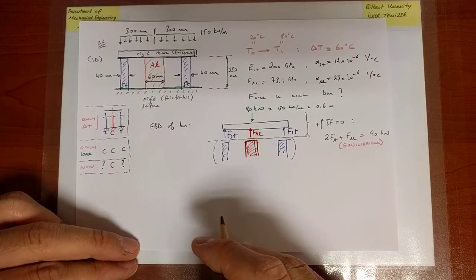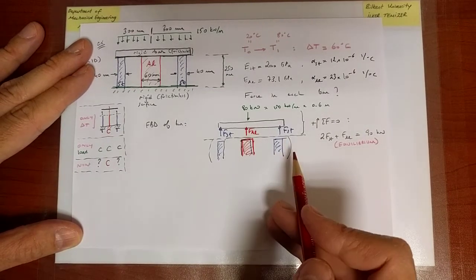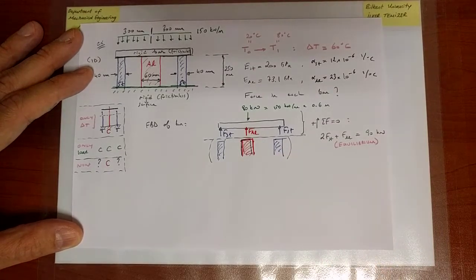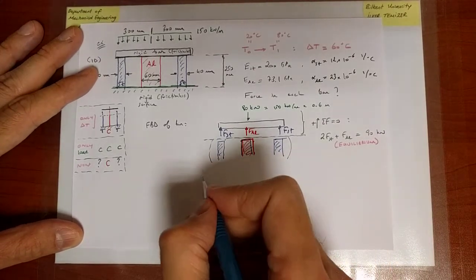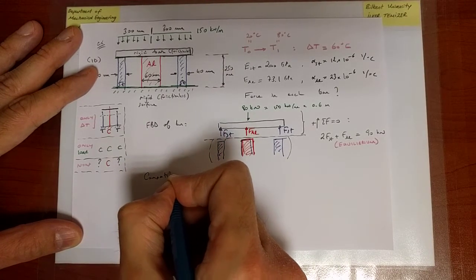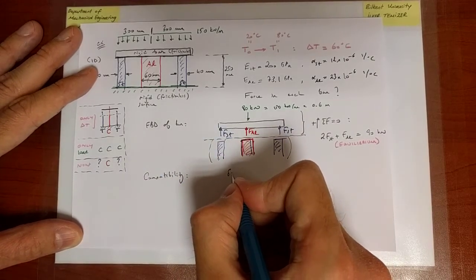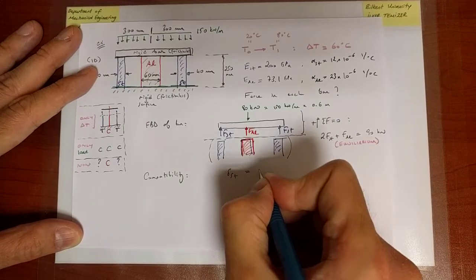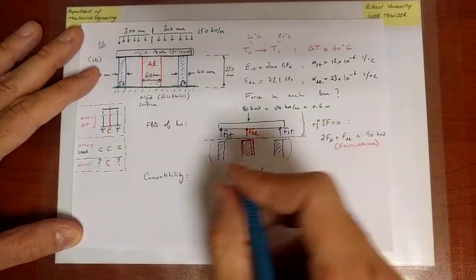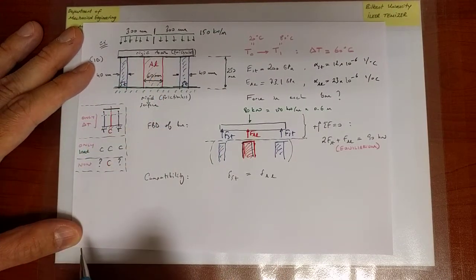Now, as we mentioned before, I need another equation, and that equation comes from compatibility. And compatibility, in this case, says that the amount of elongation of steel is equal to the amount of elongation of aluminum cylinder due to the geometry and due to the rigid bar assumption.